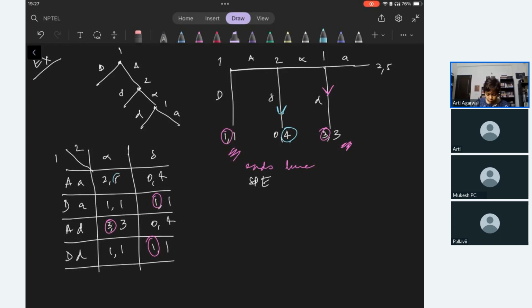Playing B, this is the best response. So you get these two Nash equilibria: dA comma delta, and dD comma delta. These are the two Nash equilibria.